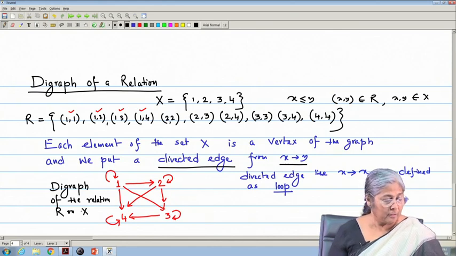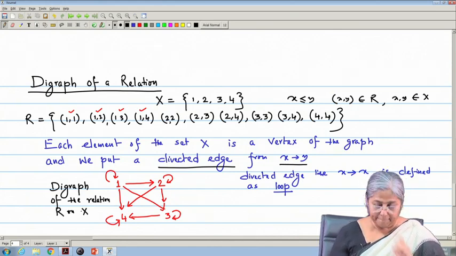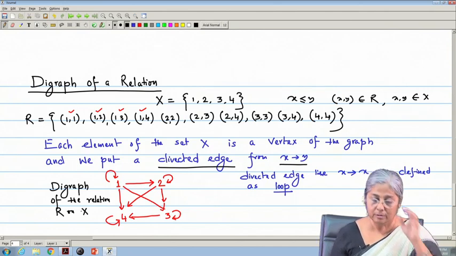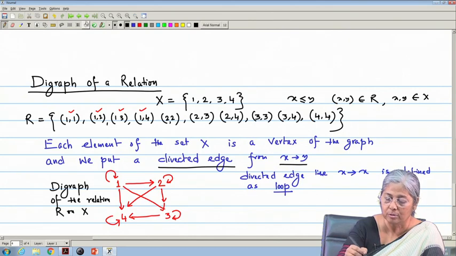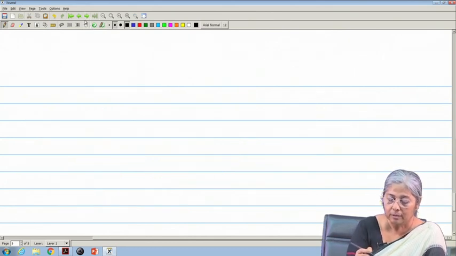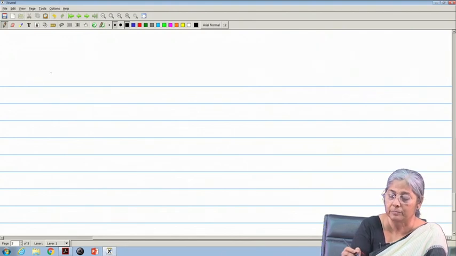Okay. Now, we have different types of relation that we normally use, and these relations are of 3 types.